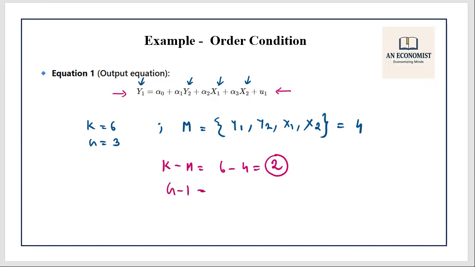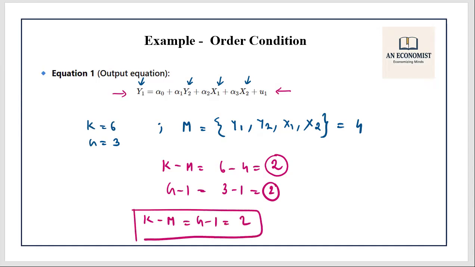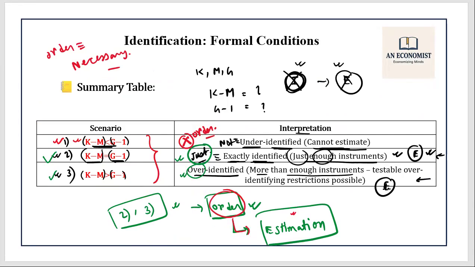And G minus 1 is simple. 3 minus 1, this will be 2. So what you see here is that k minus m is exactly equal to g minus 1, which equals 2. Right? Here it is exactly equal. Now if you go back to the summary table that I have shown you, if k minus m is exactly equal to g minus 1, what can you say? You will say the equation is just identified, right?